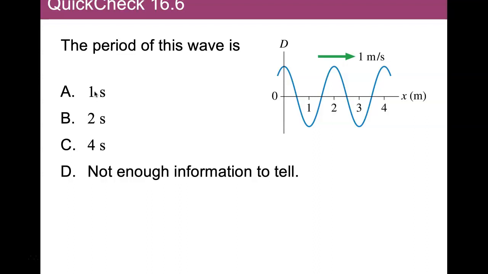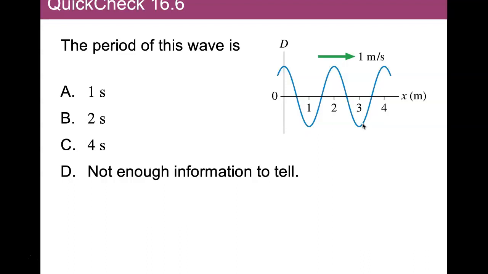Okay. So to get the period, well, we can, for example, extract the wavelength, lambda. So what is lambda? What is the periodicity of this function of position? Well, that's the distance between two peaks, right? If you shift it by 2 meters, which is the distance from 2 to 4, this peak goes on this peak, this trough goes on that trough, the whole thing falls back on itself.